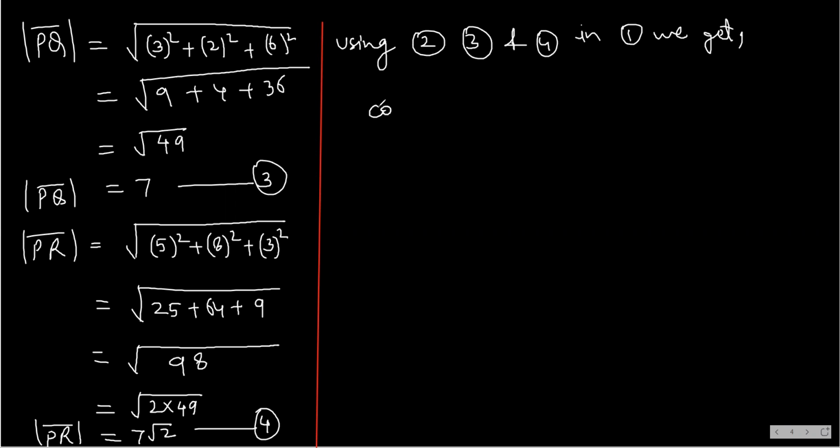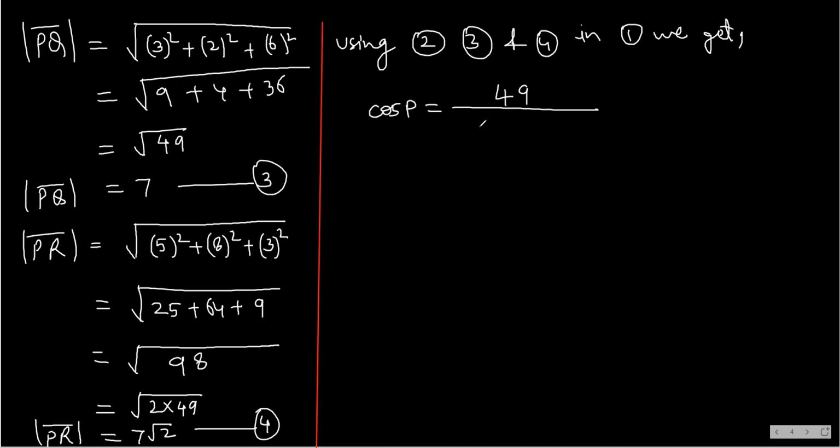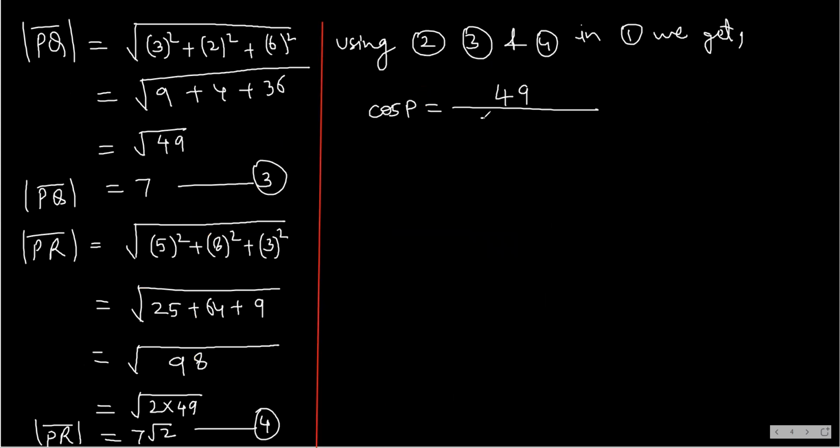You will get cos of P equals, in the numerator, PQ bar dot PR bar, which is 49 you got. So here you write 49, and then in the denominator you have mod PQ bar and mod PR bar. These two also you have found. This is 7 root 7 into 7 root 2.